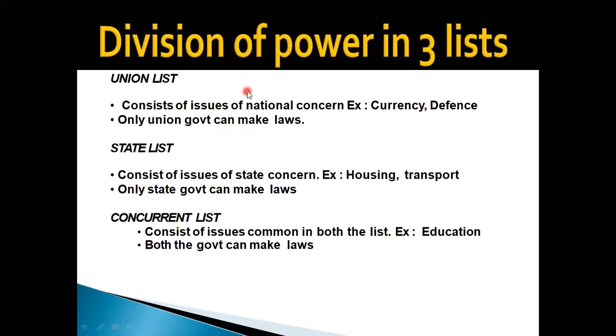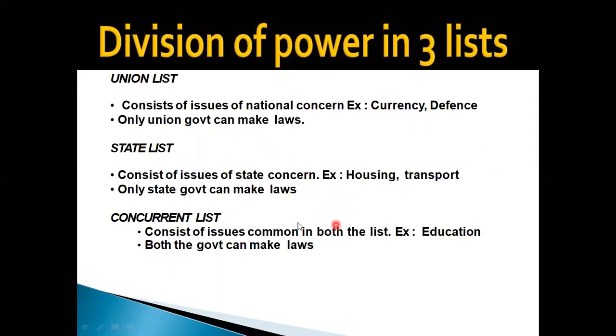According to the Constitution of India, the powers are divided into three lists: union list, state list, and concurrent list. What are examples of subjects of the union list? Currency and defense. Only the union government can make laws for union list subjects. The state list consists of issues of the state, for example housing, transport and communication, and the police department.